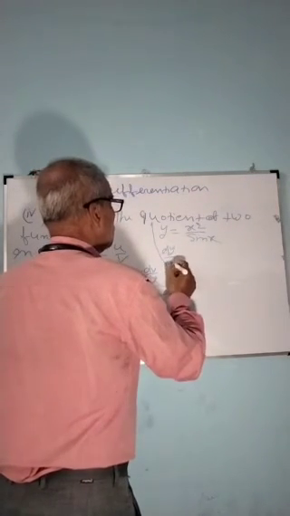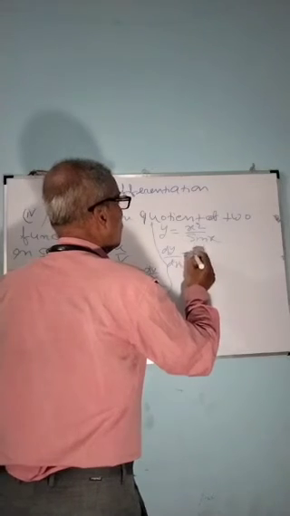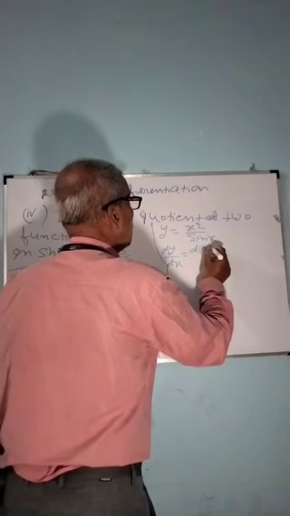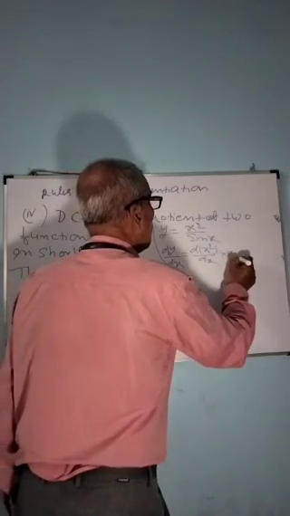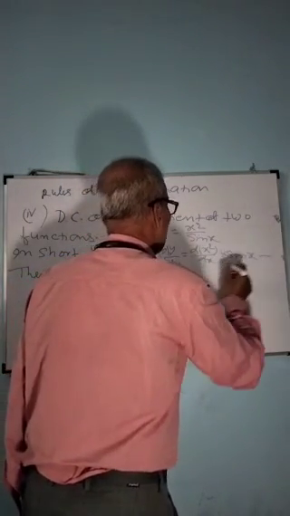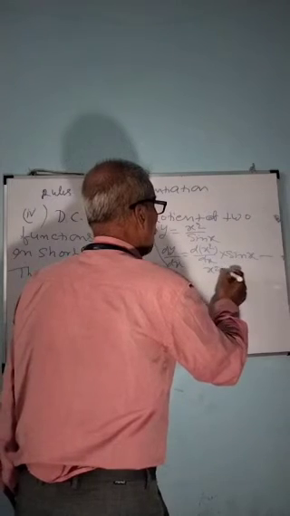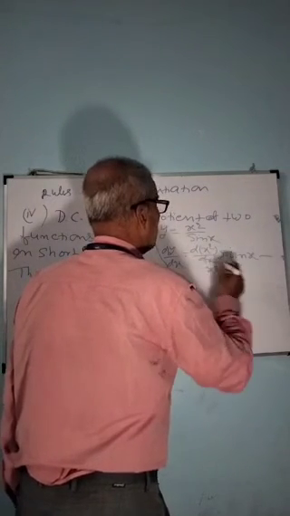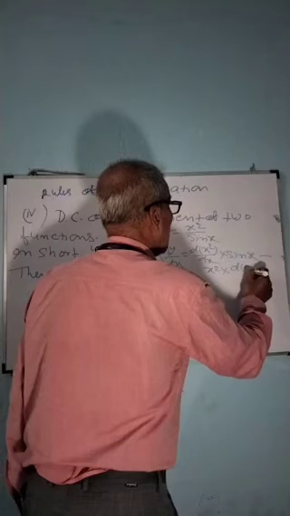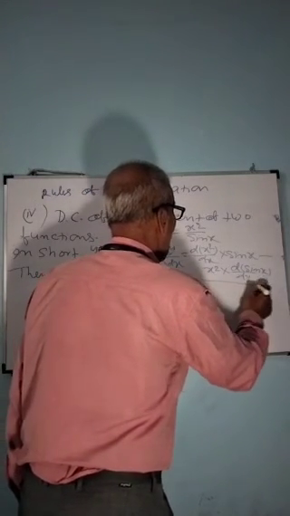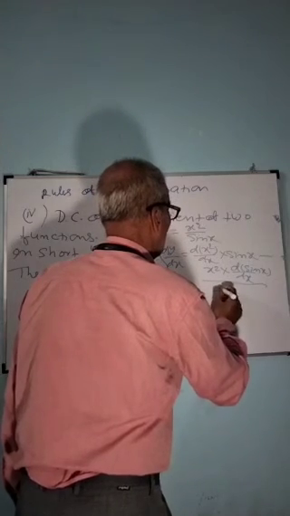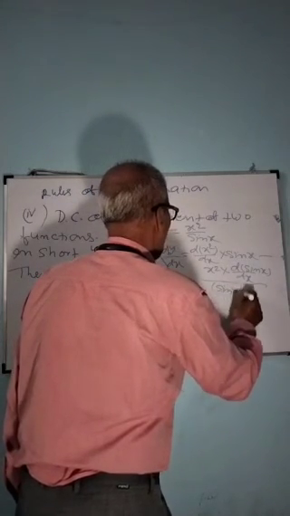So dy by dx is equal to d x square by dx into sin x minus x square into d sin x by dx, by sin x whole square.